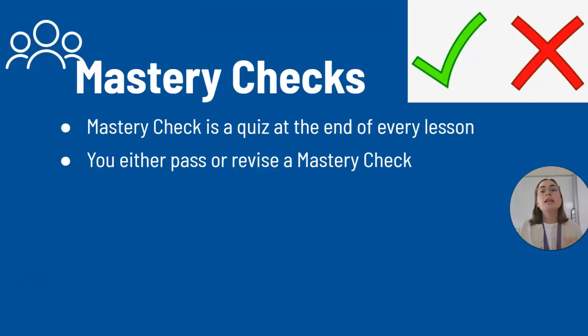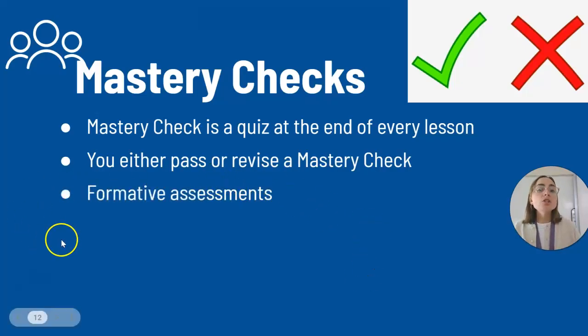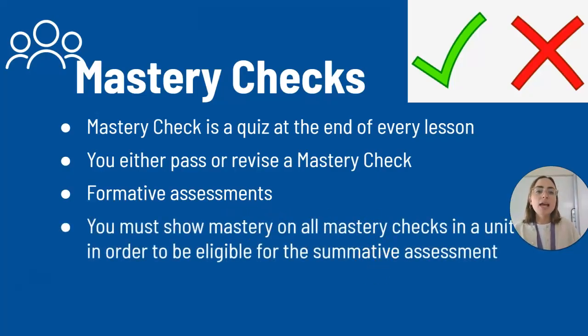And before you retake your mastery check, you'll probably want to go back and review your notes, or maybe rewatch part of a video, or ask me some questions, and then you're going to retake the mastery check until you pass. Mastery checks are formative assessments. So they're not summatives, they're formatives throughout the unit. And you must pass or show mastery on all your mastery checks in a unit in order to take that final summative at the end of the unit.